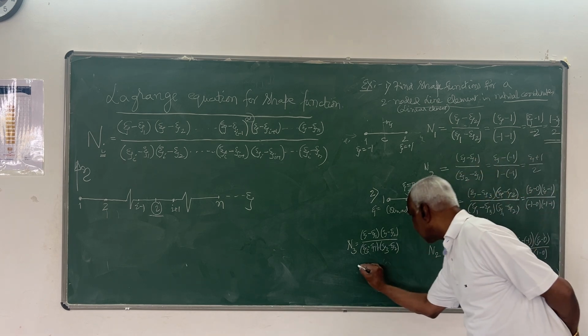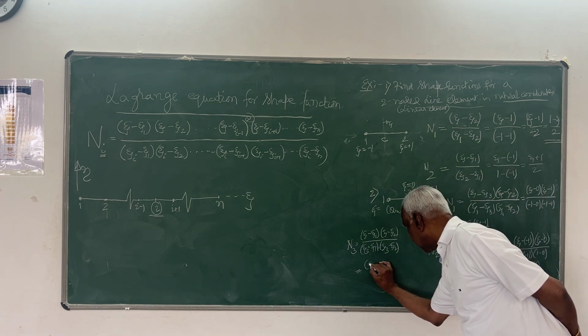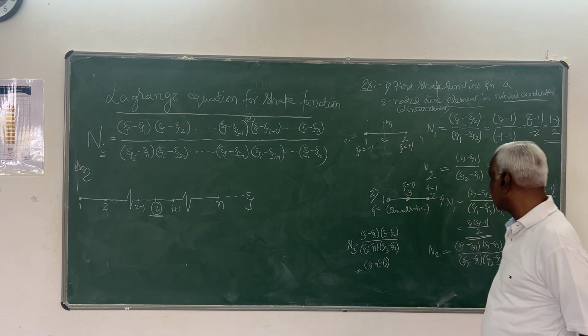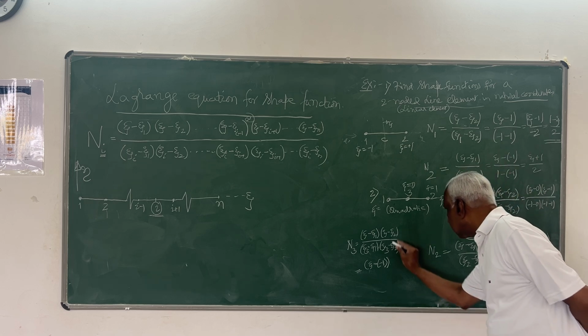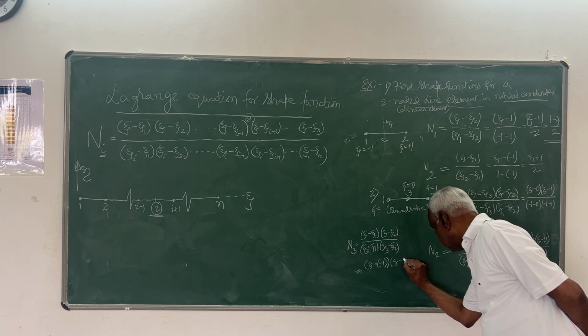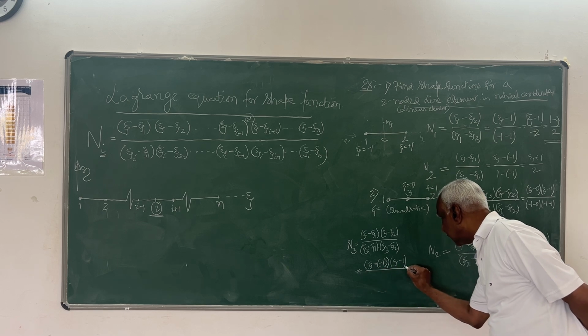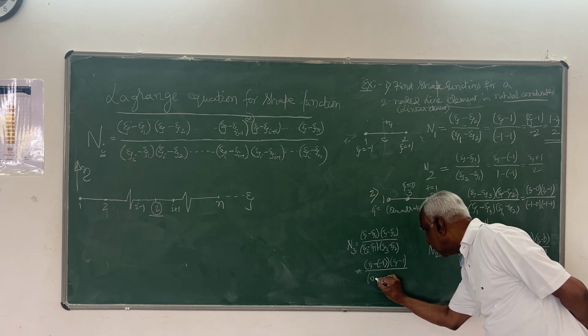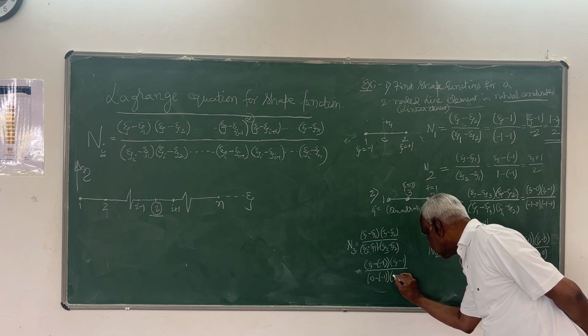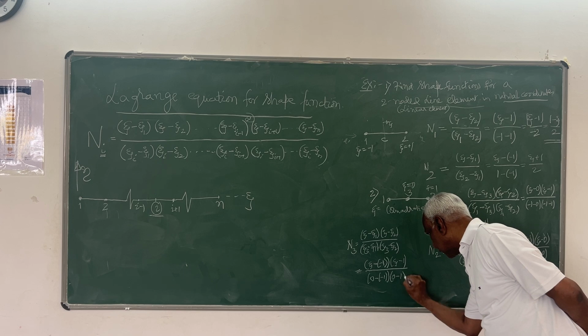So this is nothing but psi minus of minus 1, then psi minus 1 divided by 0 minus of minus 1, 0 minus 1.